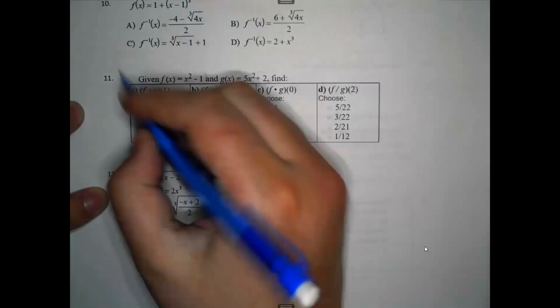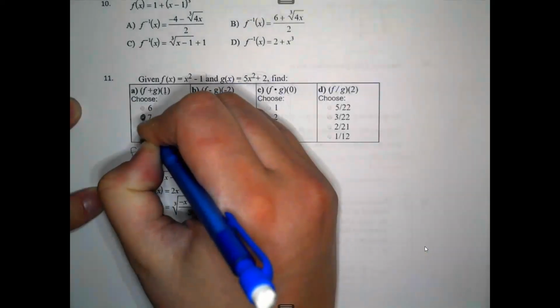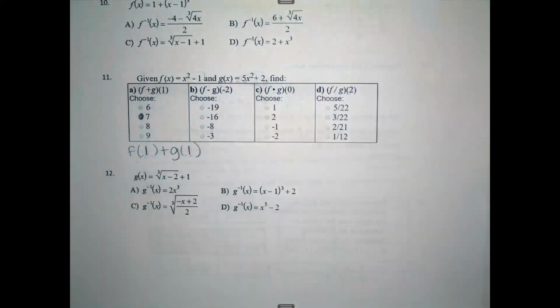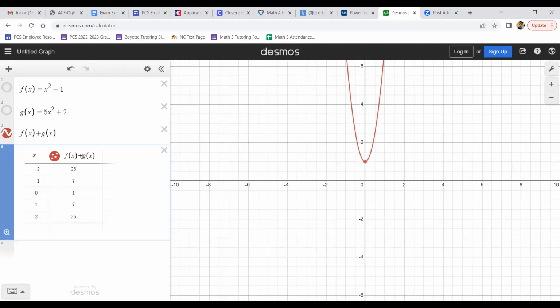Okay, and then for the next one, I'm going to change it to a minus, and I'm going to plug in -2. So let me go back here, f of x minus g. I changed it to a minus, and now I'm going to plug in -2. When I plug in -2, my answer is -19.